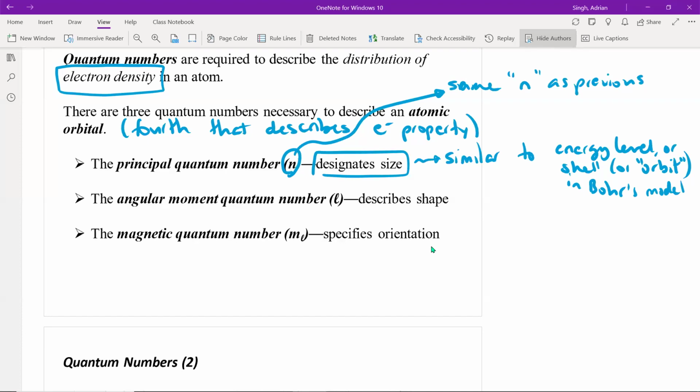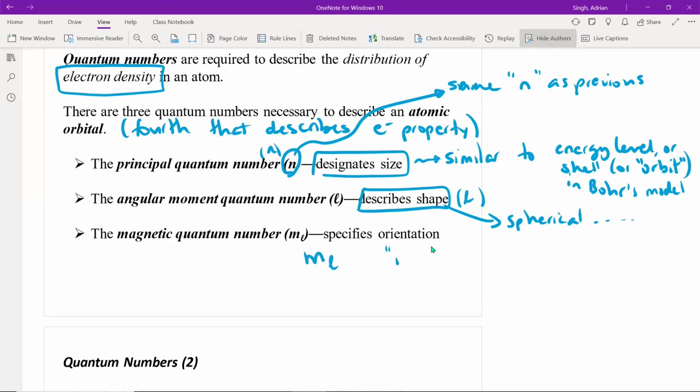The second quantum number is known as the angular momentum quantum number. This is abbreviated lowercase l. Okay, so make sure that's lowercase l, and that describes the shape of the orbital. So we'll see several different shapes. For example, is it spherical? Is it something else? We'll see some other types. And then the magnetic quantum number, which is abbreviated lowercase m subscript lowercase l.